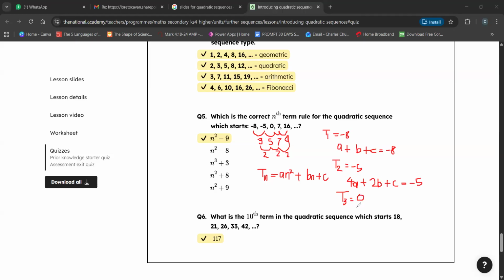And then we have 9a plus 3b plus c equals 0.